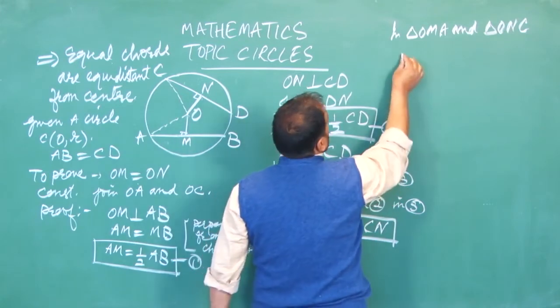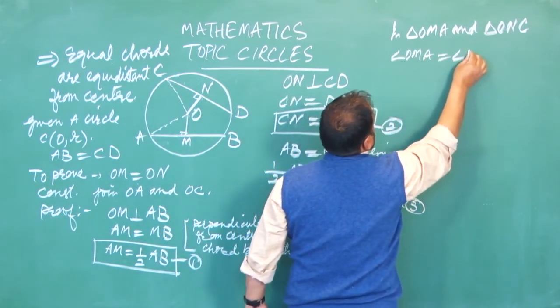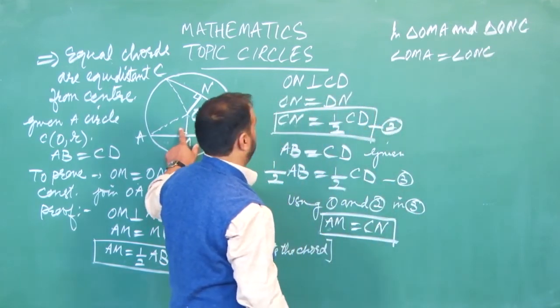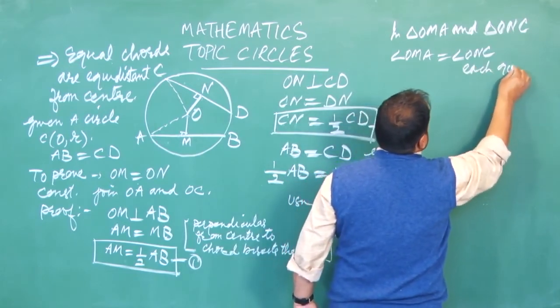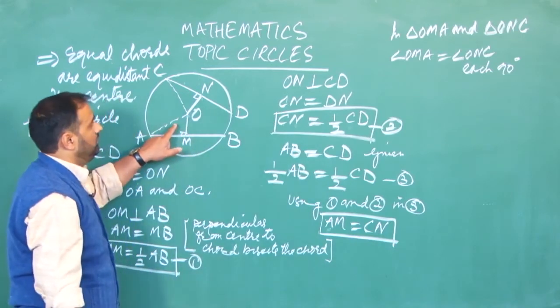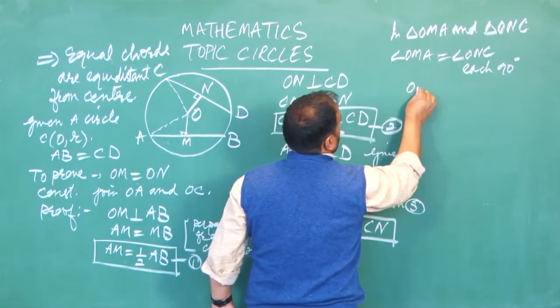So angle OMA is equal to angle ONC, each 90 degrees. Then from triangle OMA, OA, and ONC, OC, OA and OC are equal.